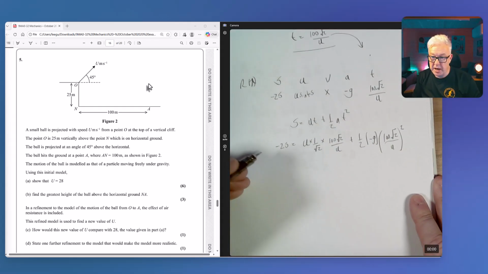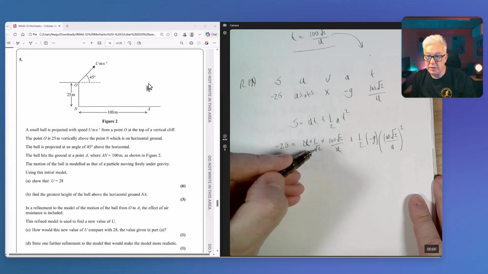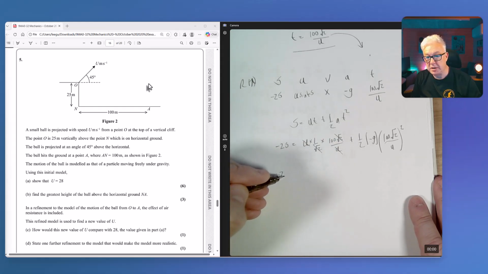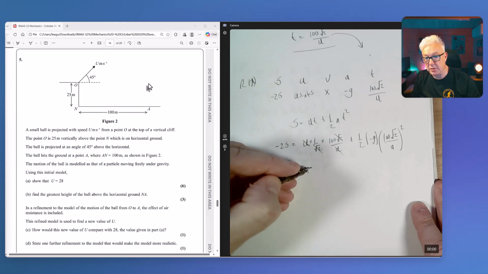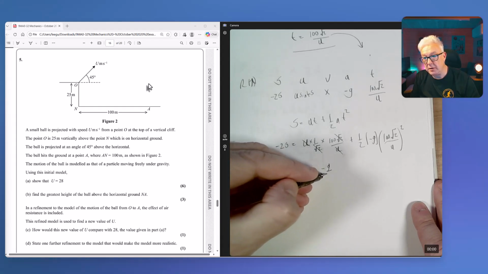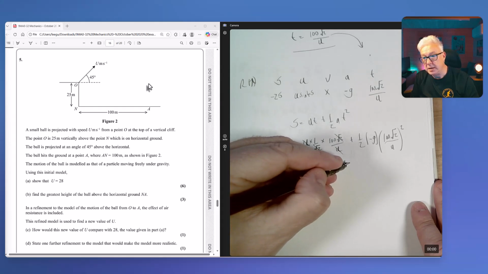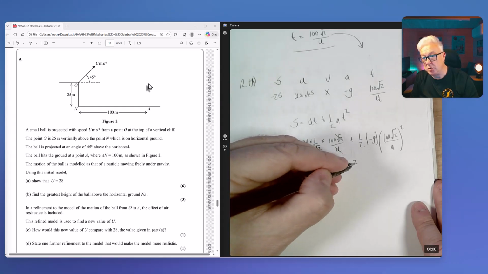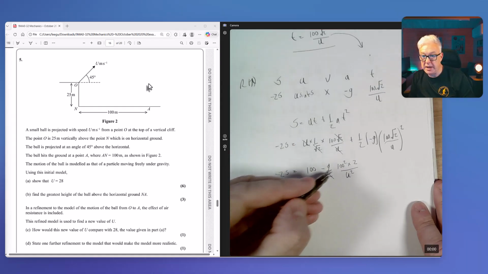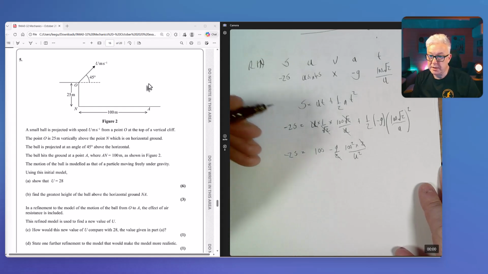Now let's see what happens. That u is going to cancel with that u, and that root 2 is going to cancel with that root 2. So we have minus 25 is equal to minus g over 2 times 100 squared times 2 over u squared. Those twos cancel, so this is looking good.